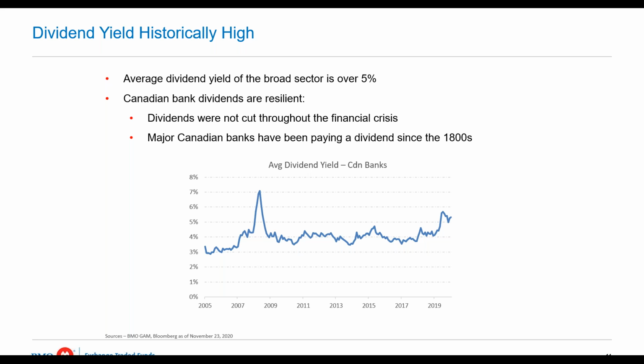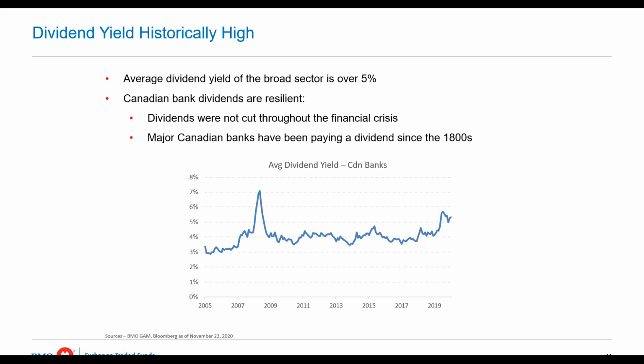Yeah, and we think this is usually a pretty good indicator of future performance of the Canadian banks, because as you say, their dividends tend to be fairly stable and tend to grow over time as well. In fact, it looks like the Canadian banks would potentially even be raising their dividends through this period, but they've been asked by the regulator to hold off and keep their dividends status quo for the time being until the pandemic's over.